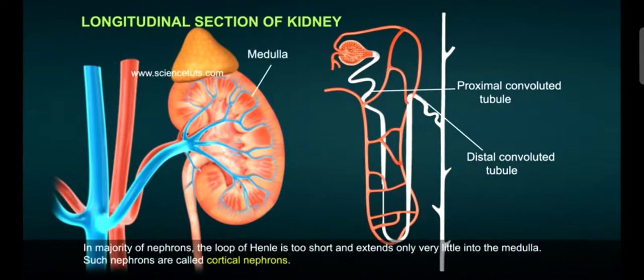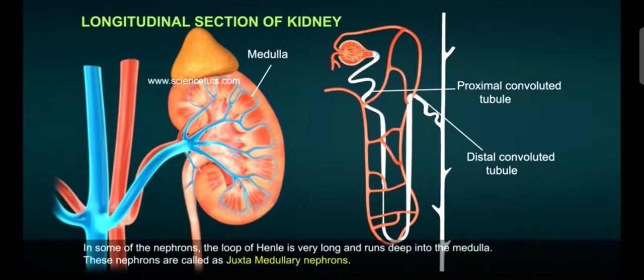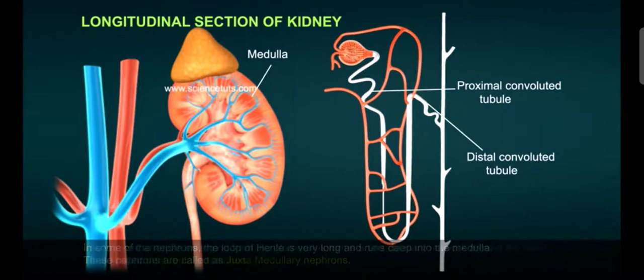In the majority of nephrons, the loop of Henle is too short and extends only very little into the medulla. Such nephrons are called cortical nephrons. In some of the nephrons, the loop of Henle is very long and runs deep into the medulla. These nephrons are called juxtamedullary nephrons.